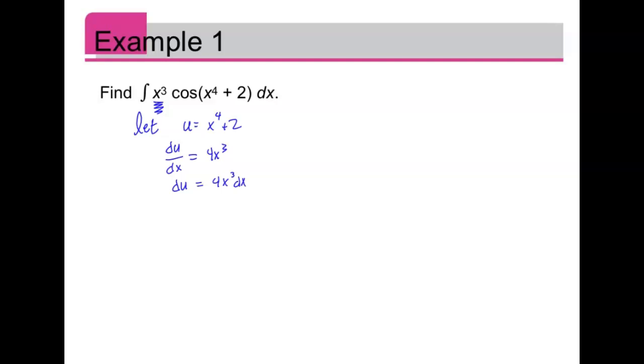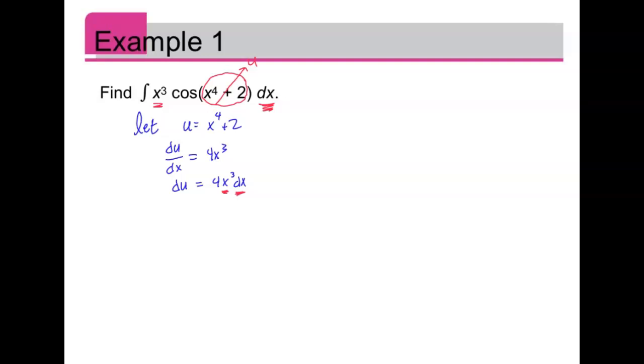Now, when I actually do my substitution, let's make sure we account for everything. This, x to the fourth plus 2, I'm replacing with what? u. But I need to get the dx and the x cubed out of there. Do I have that? I do, but I'm off by a factor of 4, right? That's fine. It's okay if there's just a constant multiple that's the difference.